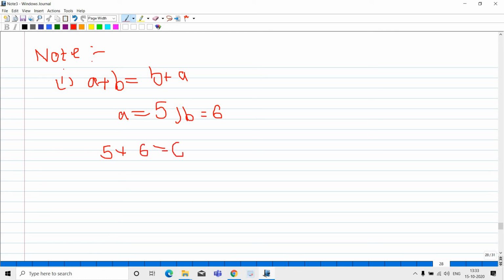How is it possible? We will see now. 5 plus 6 is 11, and 6 plus 5 is 11. So it is proved that A plus B equals B plus A. So this law is the commutative law or closure law.